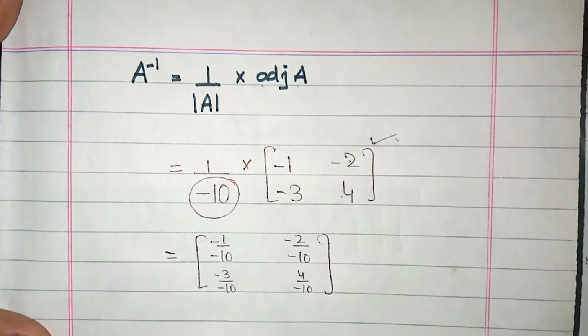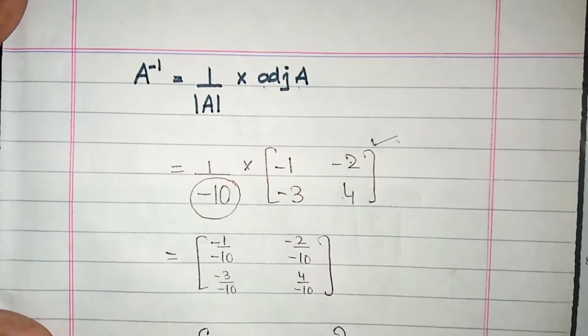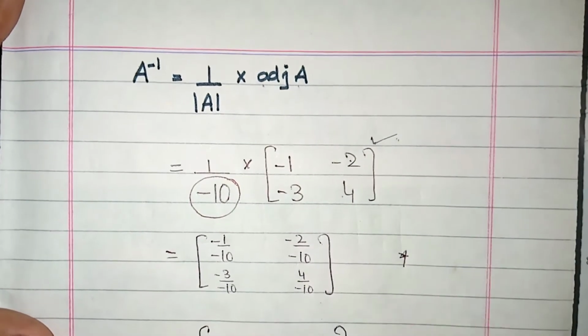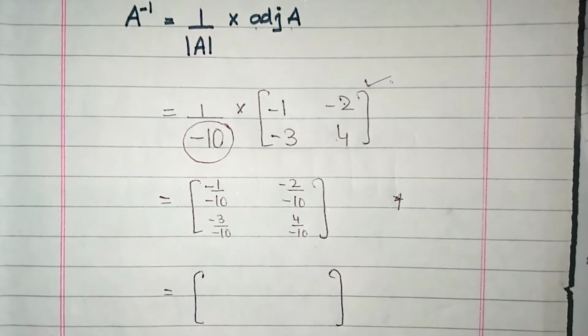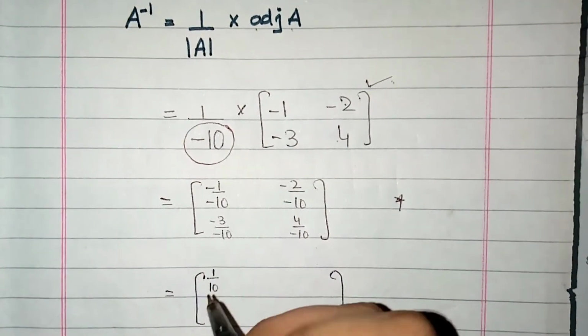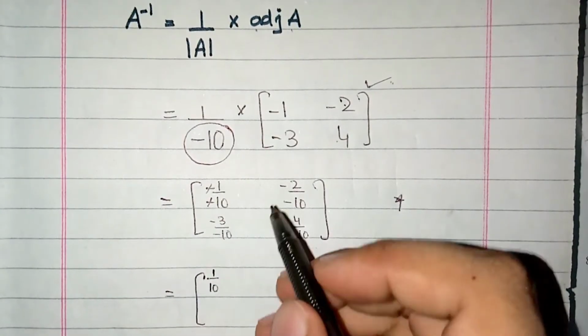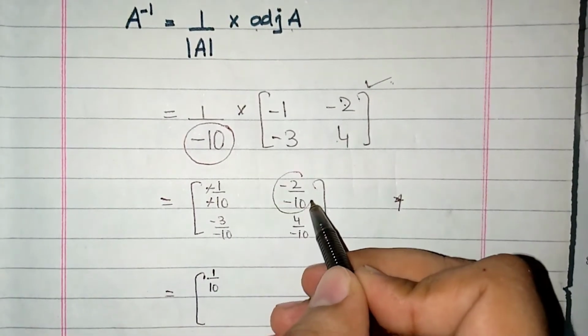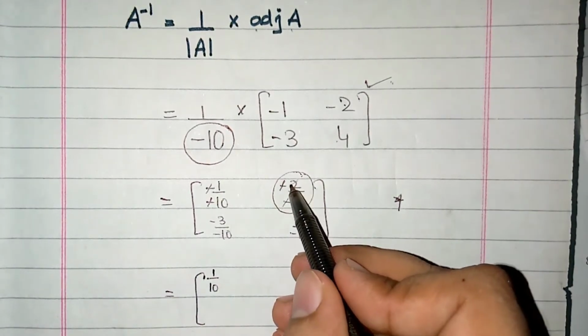It looks a bit confusing, so please don't get confused in this step or make a mistake. If you solve this, you will get 1 over 10, because this negative and this negative cancel each other.